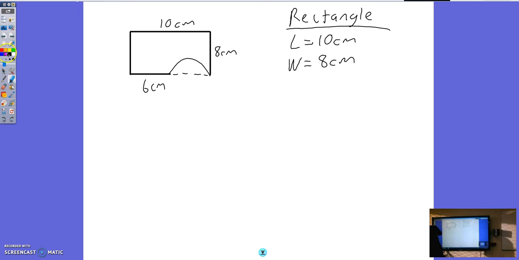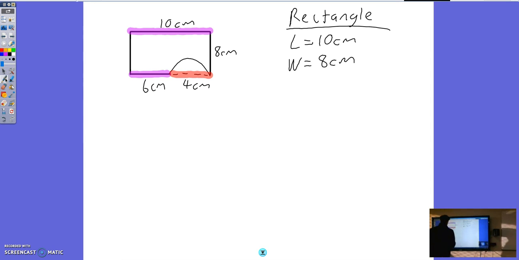If we know that, being a rectangle, these two lengths are even, then we know that 6 plus the diameter of our circle has to equal 10. So 6 plus the diameter has to equal 10. That means that this value here must be 4 centimeters.